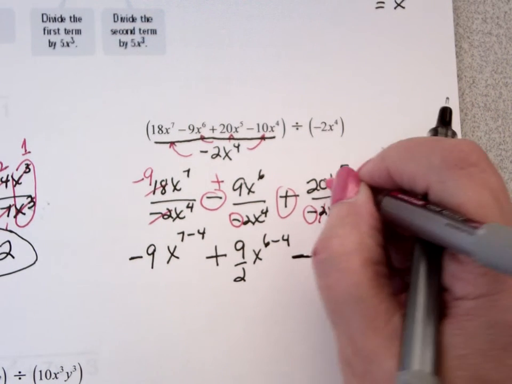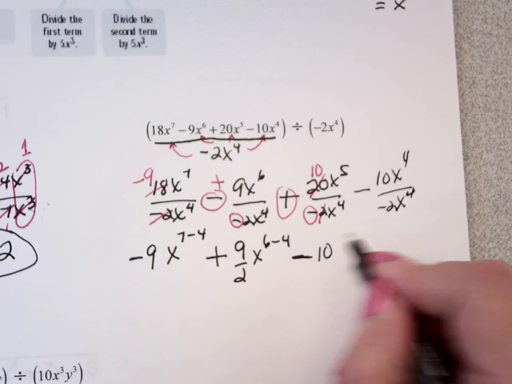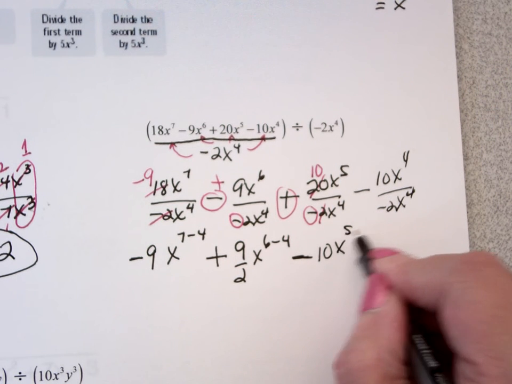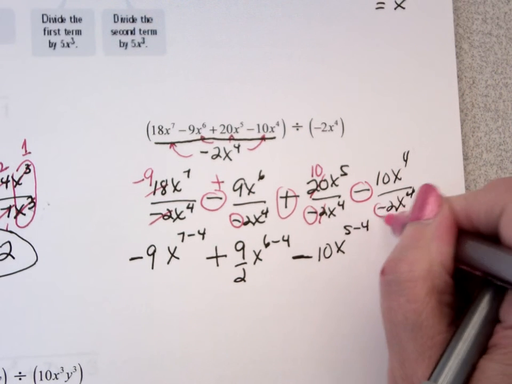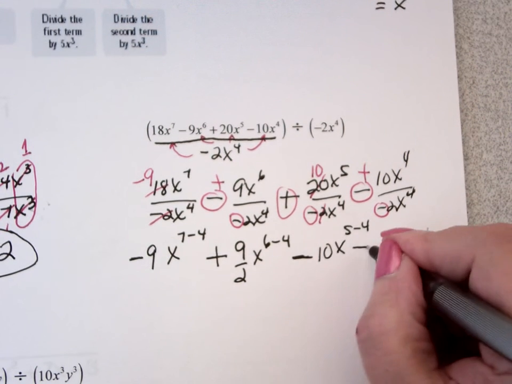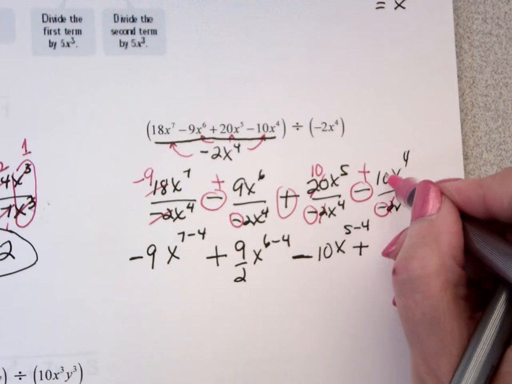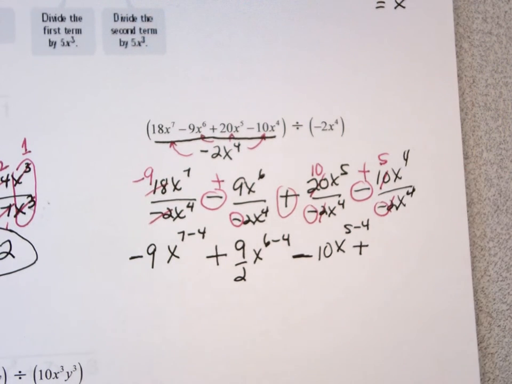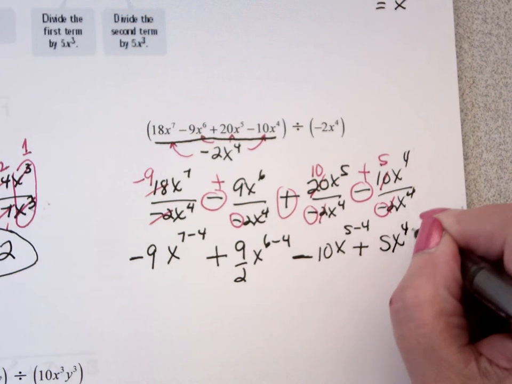2 divides 20 10 times, so I'm going to have a 10 x to the 5 minus 4. Minus and a minus is a plus. 2 divides 10 5 times, so it's 5 x to the 4 minus 4.